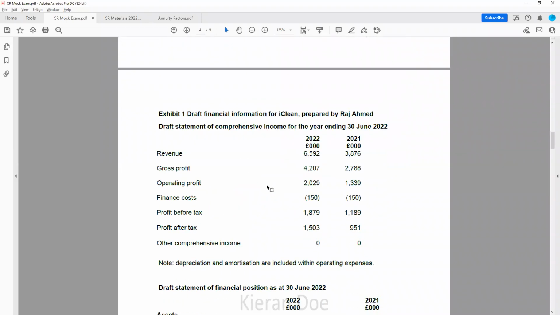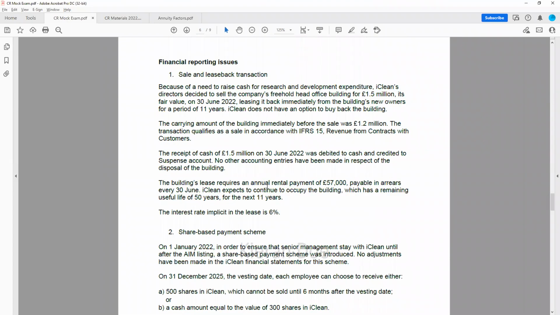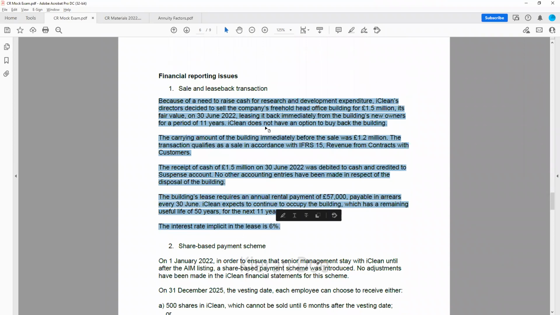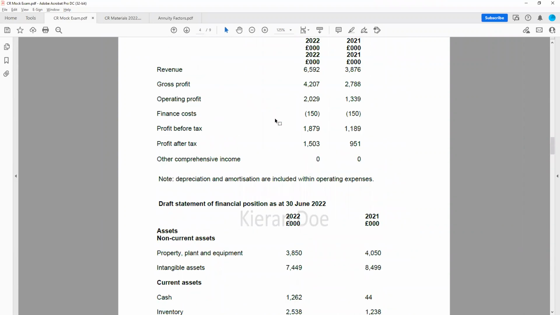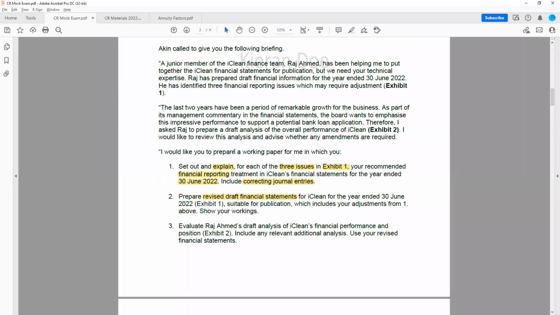We've got the draft financial statements here. We're usually told there are a series of transactions which either haven't been dealt with yet or dealt with incorrectly. Therefore, what we need to do is take each of these issues one by one. We need to explain the financial reporting treatment, but what we also need to do is correct the draft financial statements. So even though these are 2 separate requirements, you can see they're interrelated.